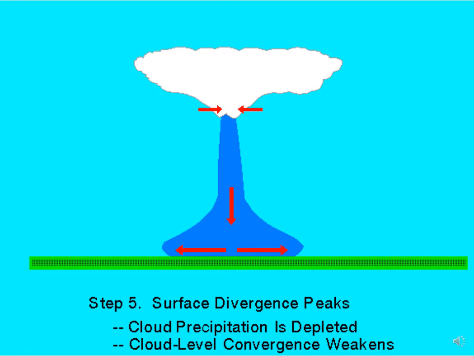Then that surface divergence peaks, the cloud precipitation is depleted, the cloud convergence weakens, and now you have these strong straight line winds that are moving out from the center of the downburst at speeds of up to 100 miles an hour.